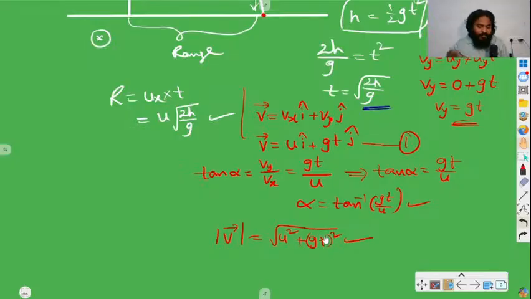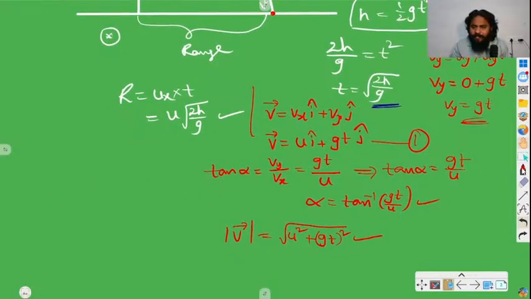Here let us find one more equation. Let's apply v square minus u square is equal to 2as, right? Here vy square minus uy square is equal to ay into sy, right? Now here vy is the velocity at the point of striking the ground.